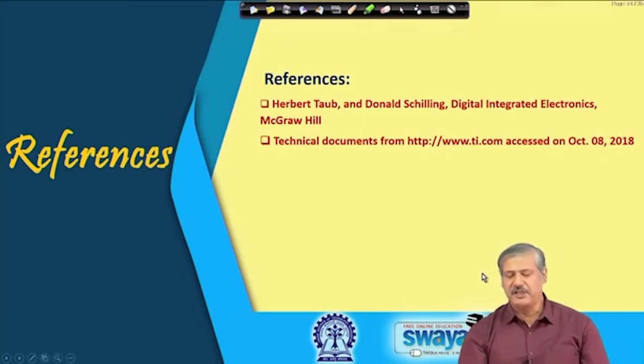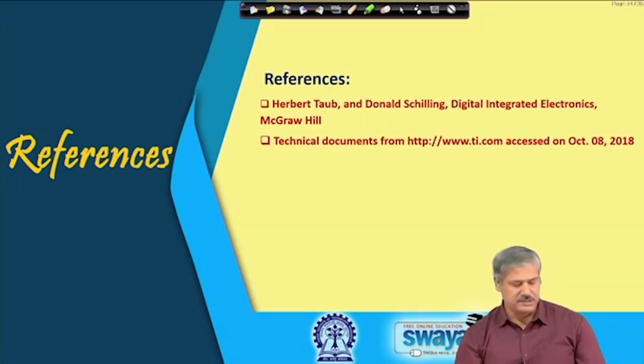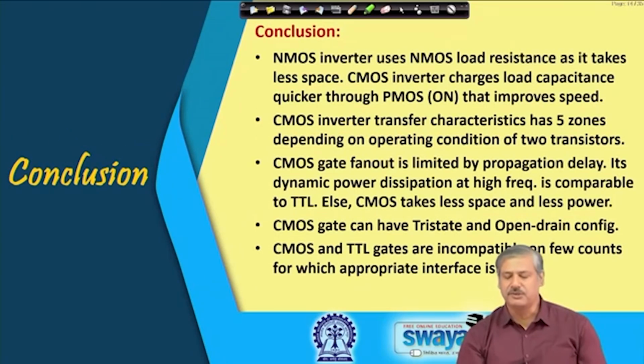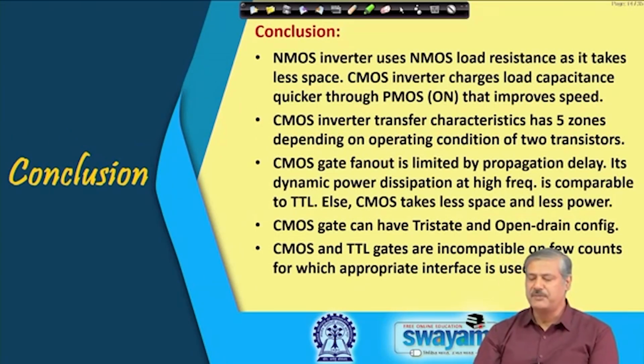References are mostly taken from the first one and some technical documents. To conclude, what we have seen is that NMOS inverters can be used, but NMOS with load resistance is preferred for less space. CMOS inverters are useful in the sense that charging and discharging are quicker, and there is no static power consumption.